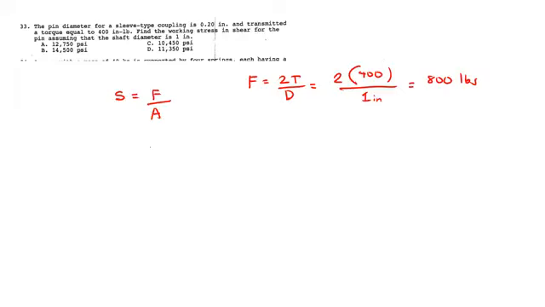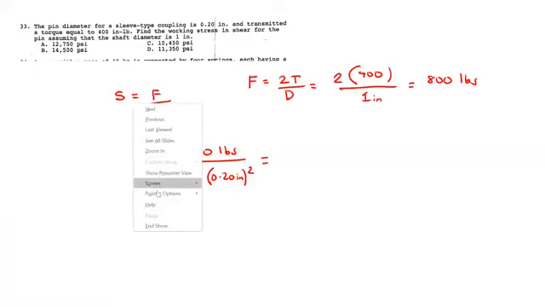So substitute here. Stress is equal to 800 pounds divided by pi over 4 d squared. Our diameter is 0.20, so 0.20 inches squared.